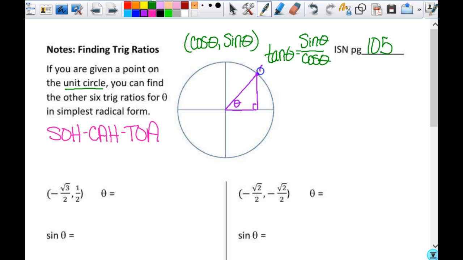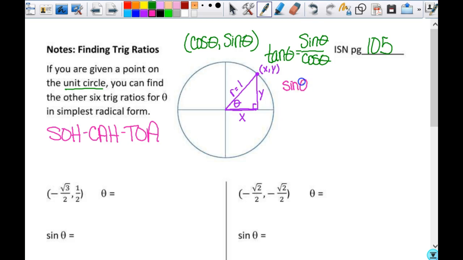Now this ordered pair here, which is x, y, this length here, this is my x value, this is my y value, and this is my radius, which, if it's a unit circle, is 1. All right, so here's what I know from trig and from SOHCAHTOA, that the sine of theta, oh my goodness, that does not say sine.